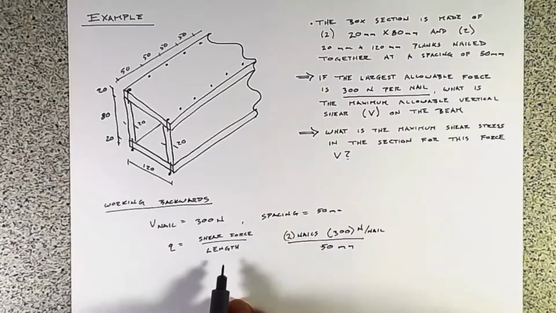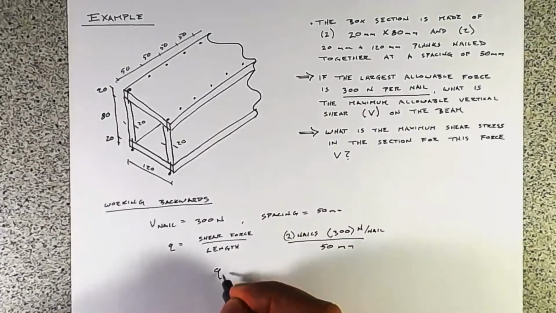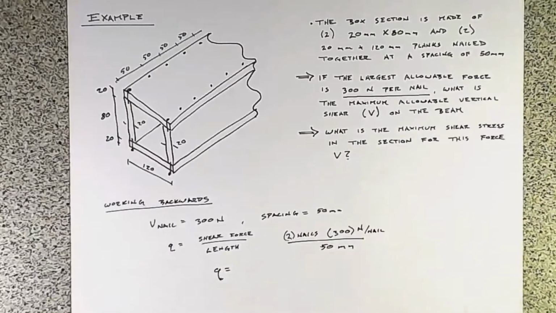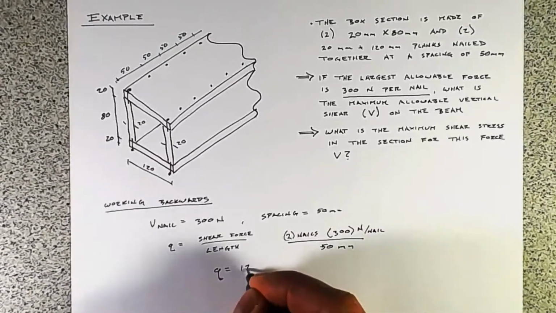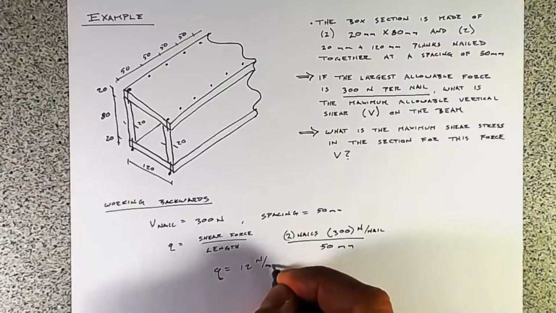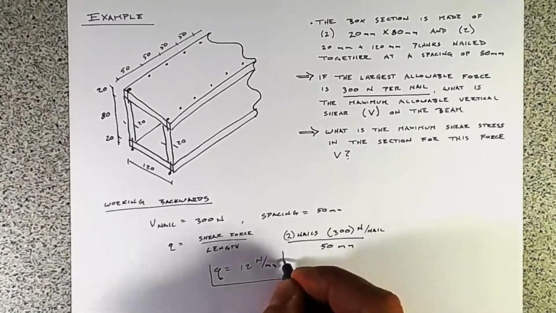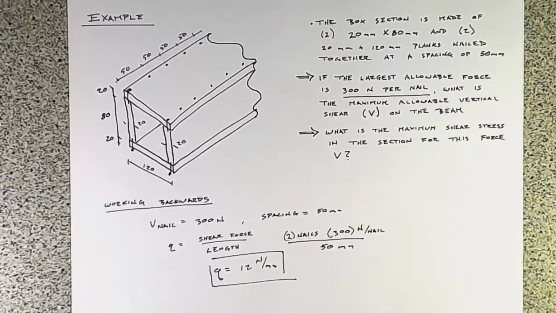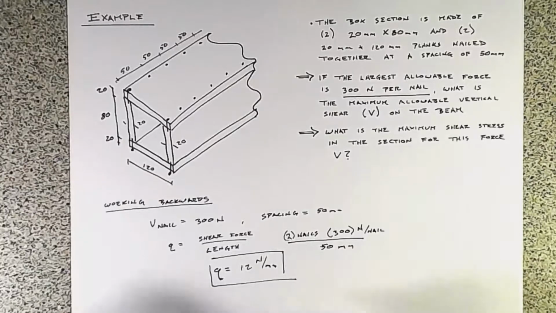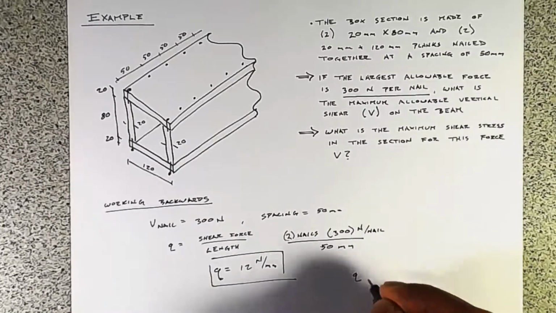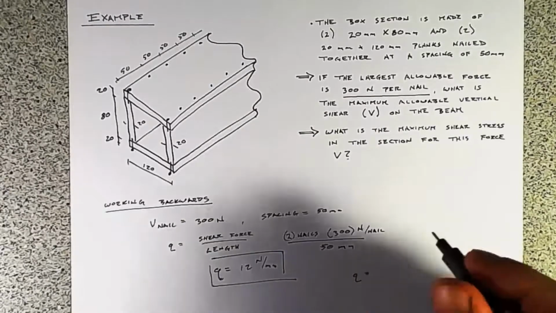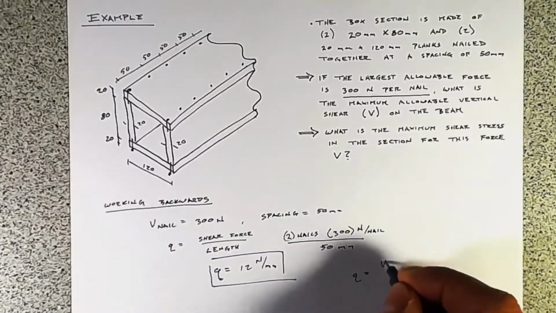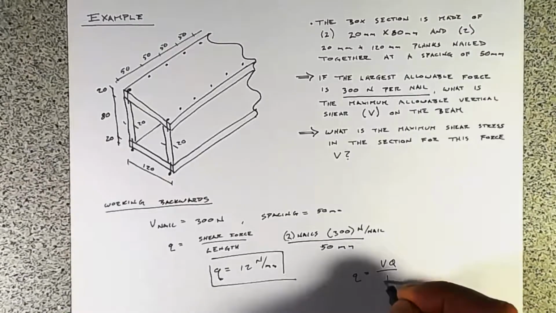If we work all of that out, we find that our shear flow, q, is 12 newtons per millimeter. All right, and if we want to find our maximum applied shear force, we can go back to our equation for shear flow based upon our applied shear force, and that's just V times Q over I.